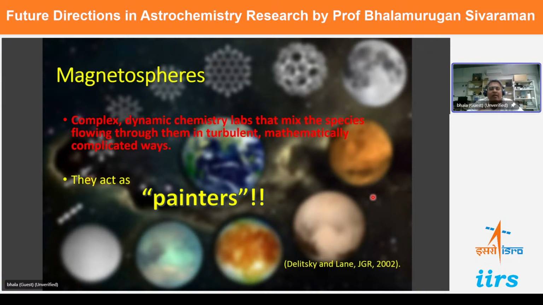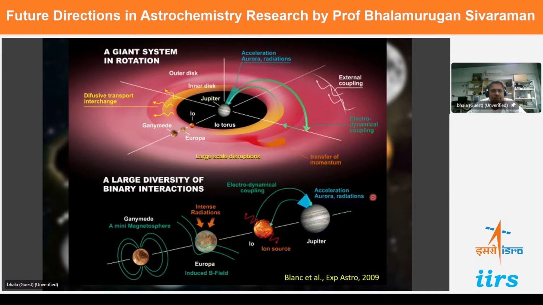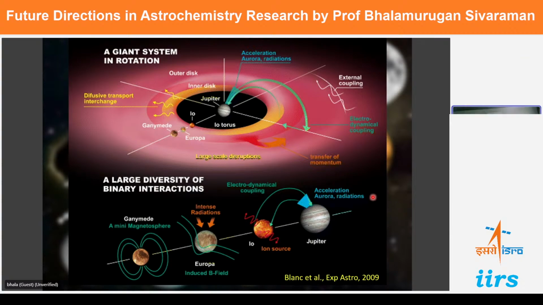So there is some sort of painter at work, and that painter, on the scale of a solar system object, can definitely be a larger component: the magnetosphere. This painter, the magnetosphere, picks up the ions from one moon of Jupiter and takes them to the other moons.